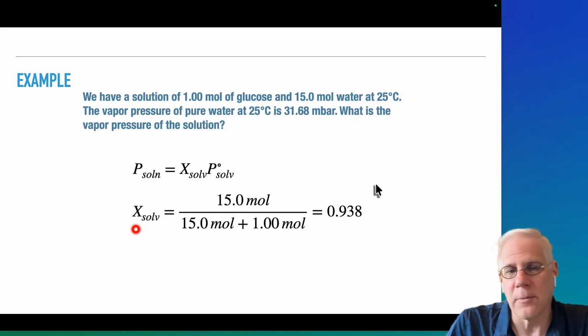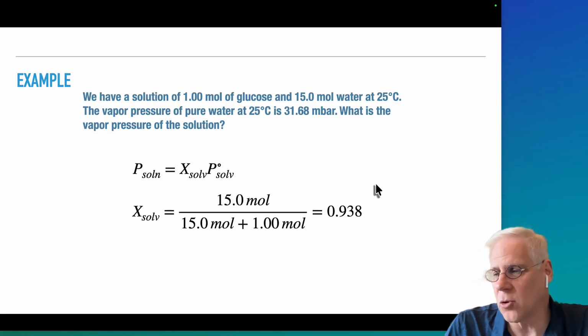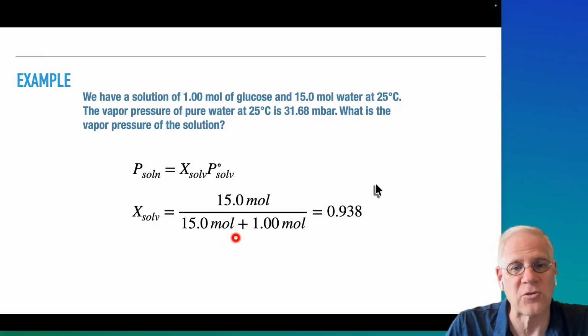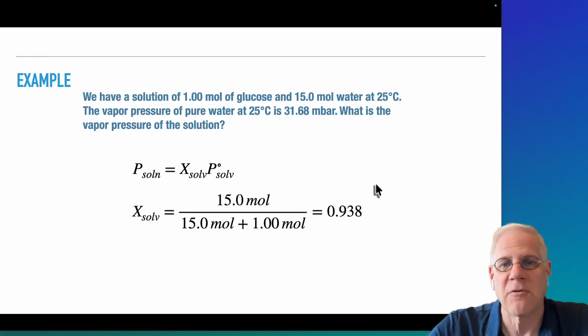We know that our mole fraction of the solvent is going to be number of moles of the solvent, so 15 moles, over the total number of moles, so 15 from the solvent, 1 from the solute, so we get a total of 16, so we have 15 over 16, and we get a mole fraction of 0.938 for the water.